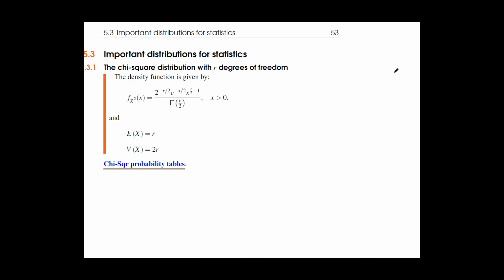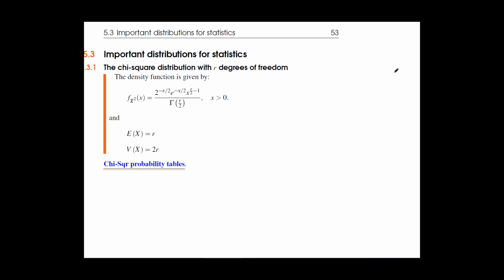Both are functions of other random variables. That's why we did this chapter, to understand these two functions, because they're the main distributions we use in probability.